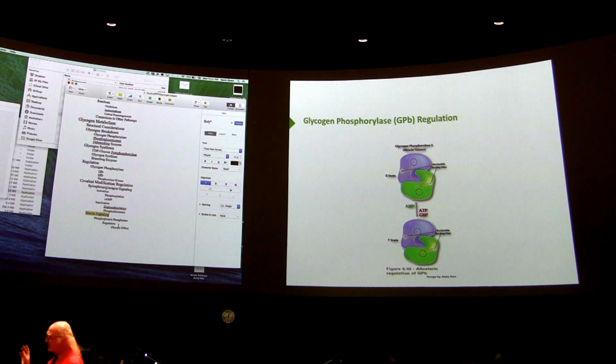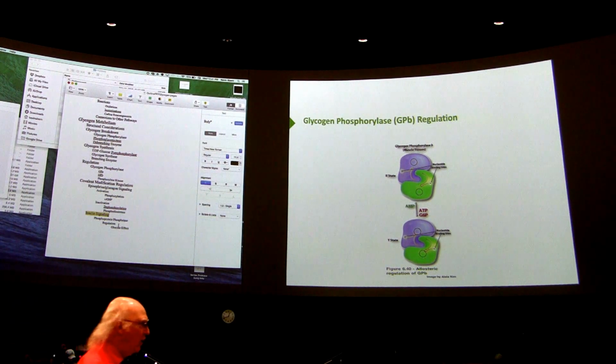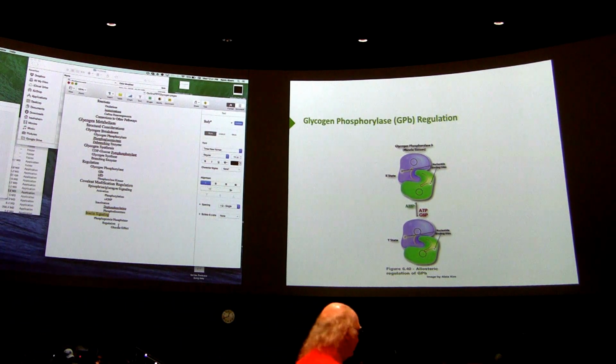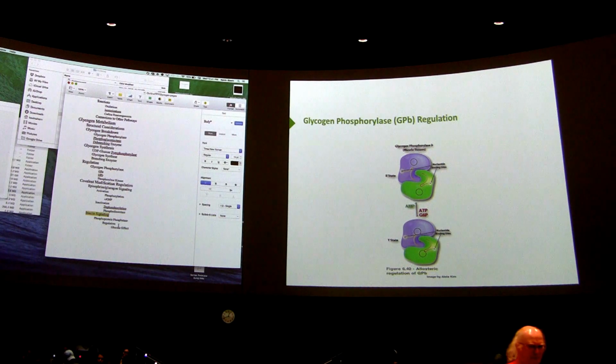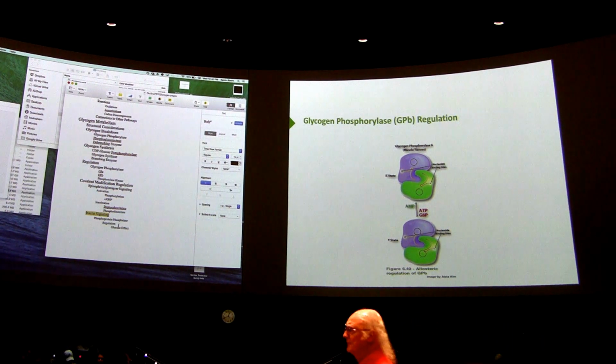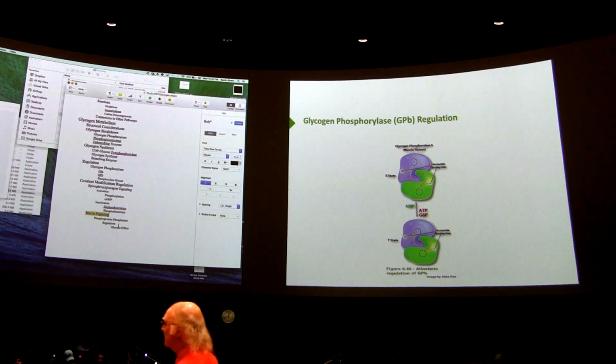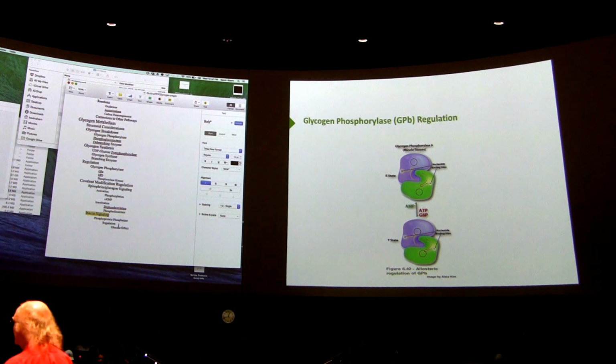Let's go out to the muscle and see what's happening in the muscle. And let's think here about glycogen phosphorylase B. This is what we call the less active form of glycogen phosphorylase. And you see these terms are a little muddied, aren't they? Because there's also two forms of glycogen phosphorylase B. The two forms are the R state and the T state.